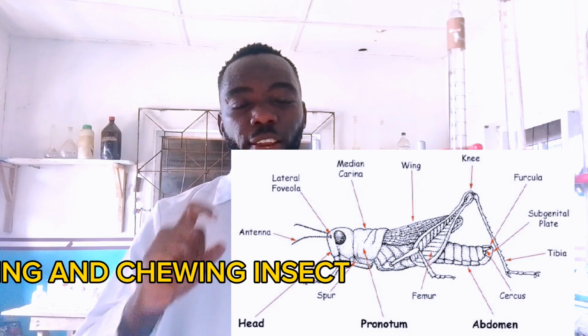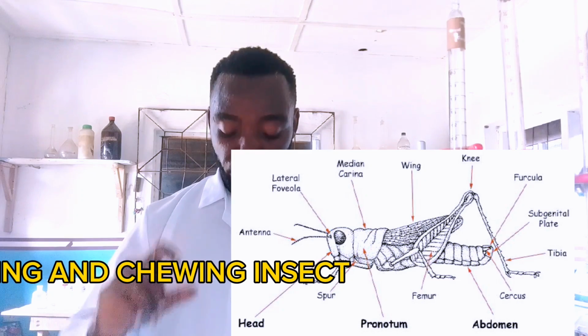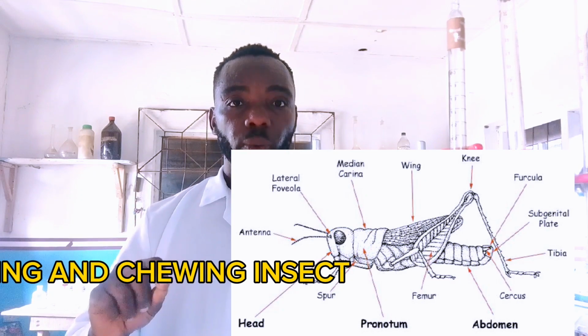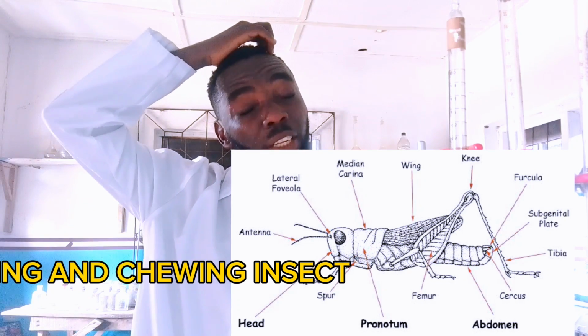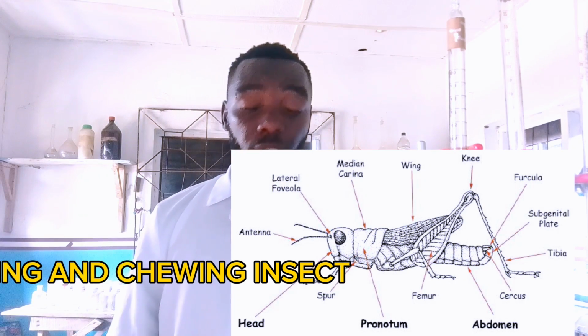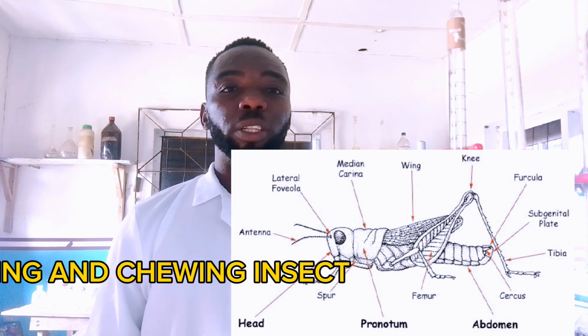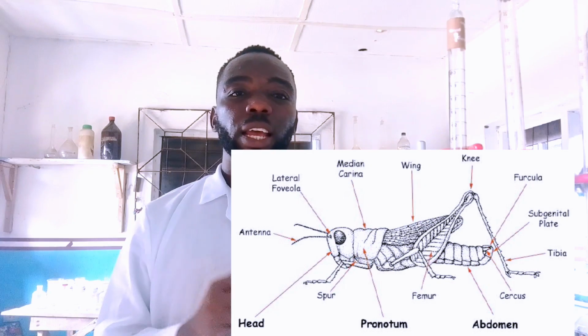When you see anywhere they ask you what type of insect is Specimen J, the type of insect is a biting and chewing insect. That is for the grasshopper, because their mouth is made up of the mandible and the maxilla that enables them to bite and chew plant parts.